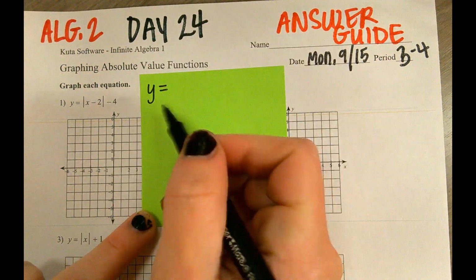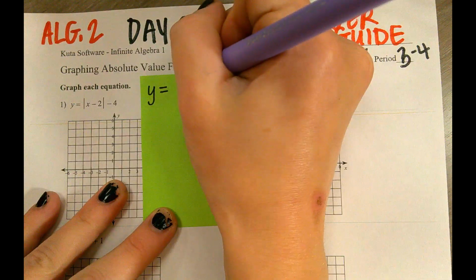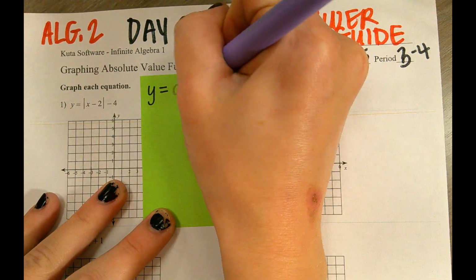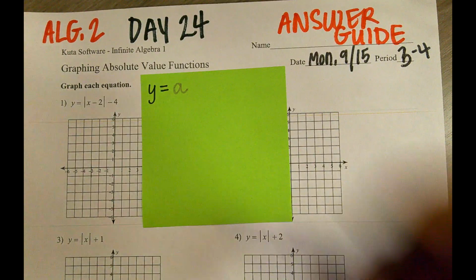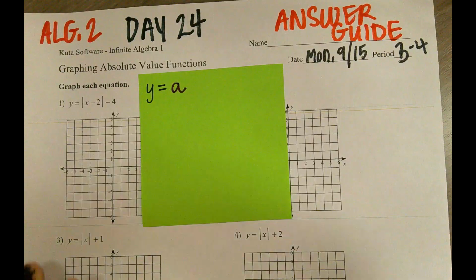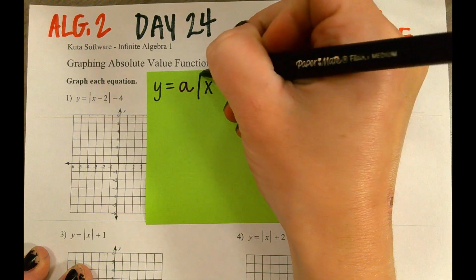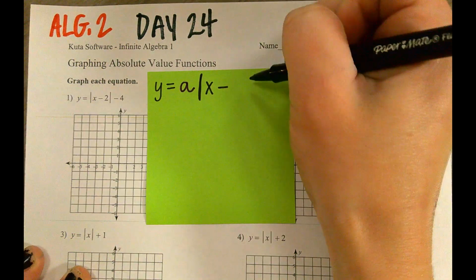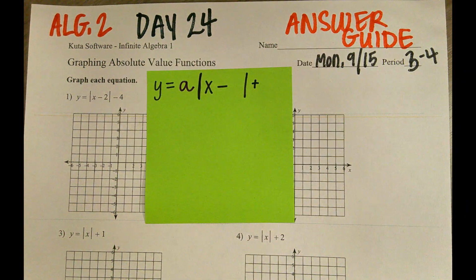So that is y equals a. That is not easy to see. Let me get a different color. Y equals a, absolute value x minus h.